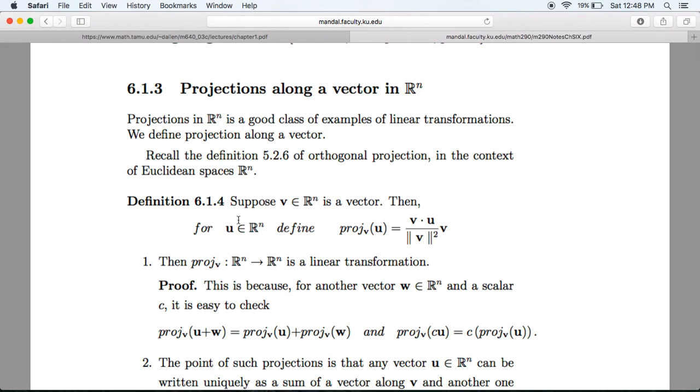Then for some other vector u in Rn, we can define the projection of u on v as the dot product of v and u, this is a scalar, divided by another scalar, mod of v squared, times the vector v. So this is a vector along the direction of v but scaled to some length. And this length is actually the projection of u on v, the shadow, so to say, of u along v.